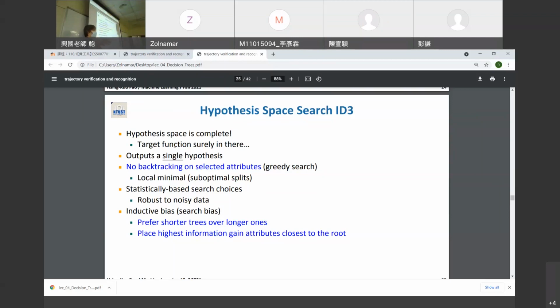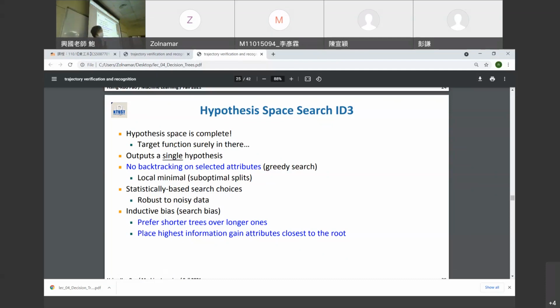Something similar could be, if we talk about the rectangle case and we think the classification is not 100%, we add more and more parameters to make it a more complicated rectangle. It's not a rectangle anymore, it's in some other shape, right?